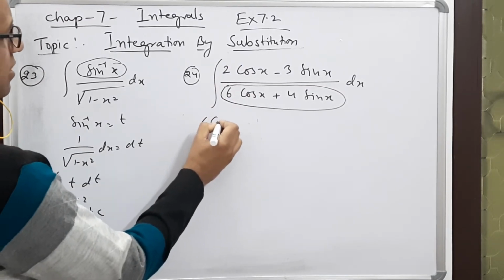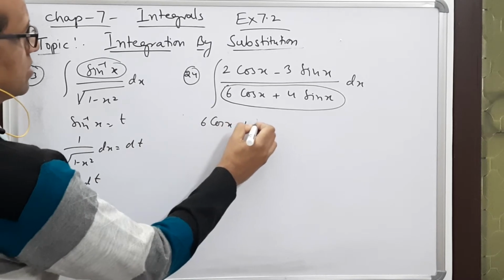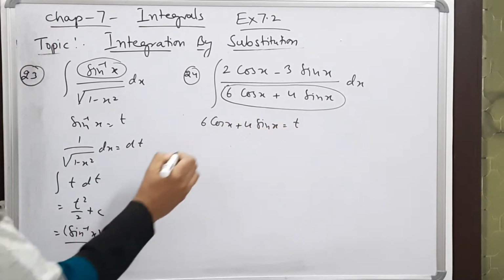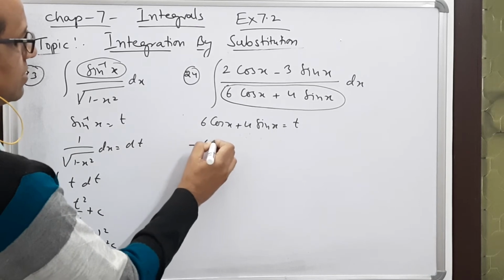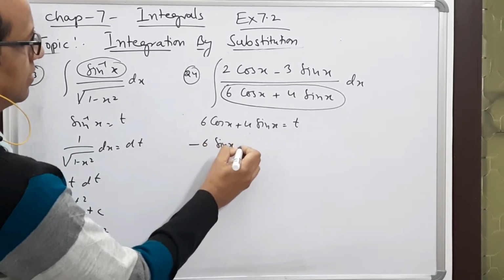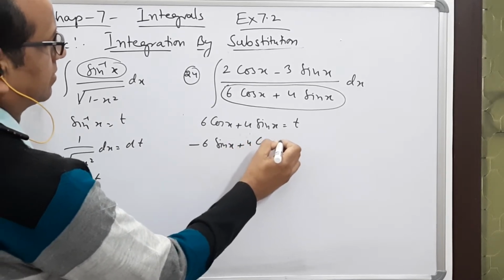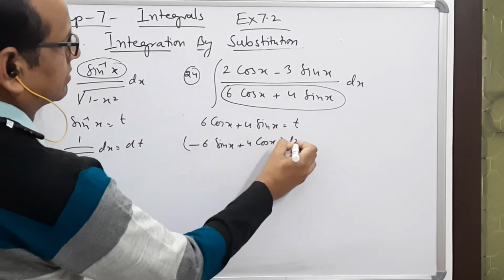If I take 6 cos x plus 4 sin x as t, then dt is minus 6 sin x plus 4 cos x dx.